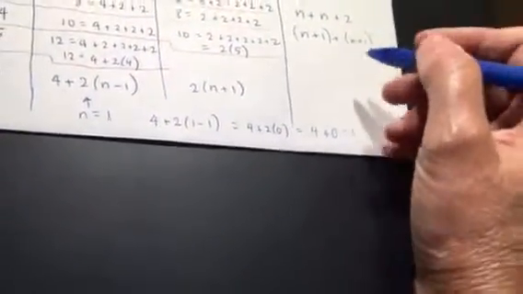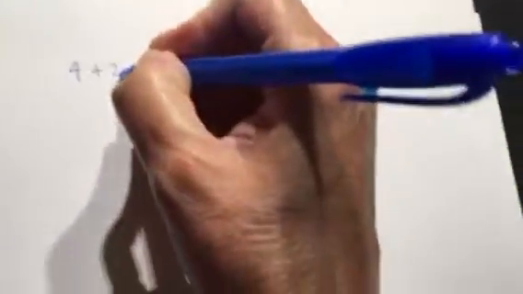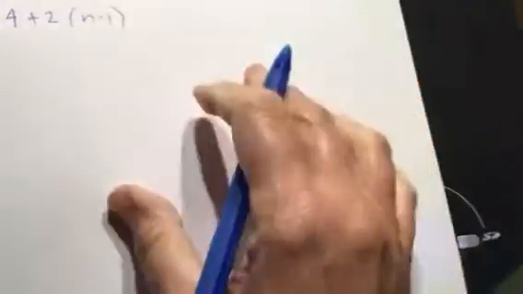Now look at this. Did I get the same thing with both? They look a little different. Or are they the same? I think so. Let's see. And in fact, are they the same as these guys right there? If I look at this and do some algebra here, I got 4 plus 2 times n minus 1.